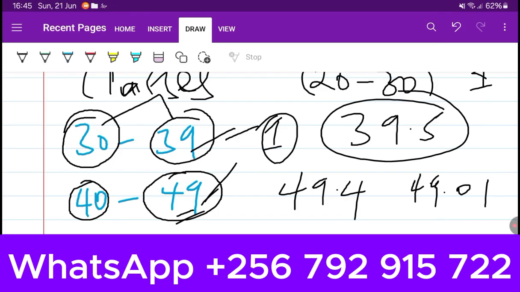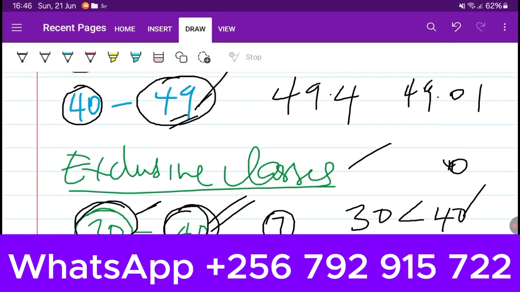But as you are giving a general definition, even if you just say that the upper class limit is the lower class limit of the other higher class, it would be fine.